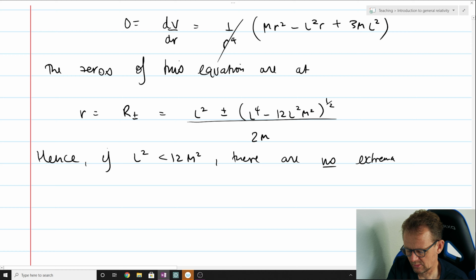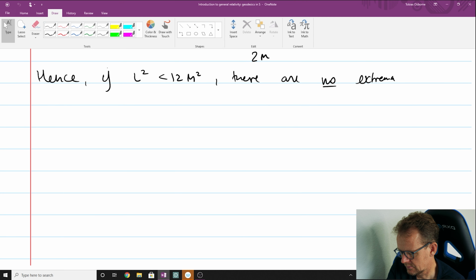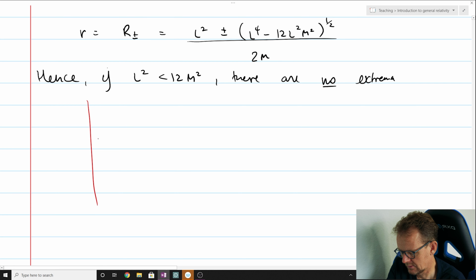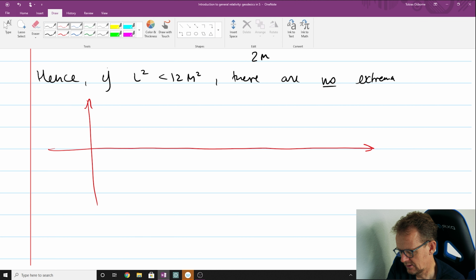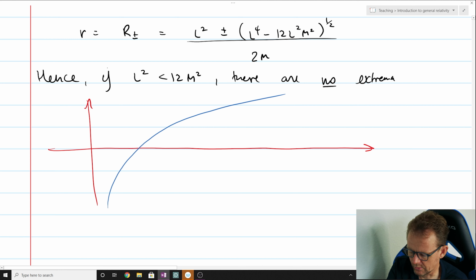So for small angular momentum, what does the potential look like now? Well, in that kind of setting where L squared is less than 12m squared, the potential has this kind of look. There are no extrema. Here I've plotted it for 6m squared.